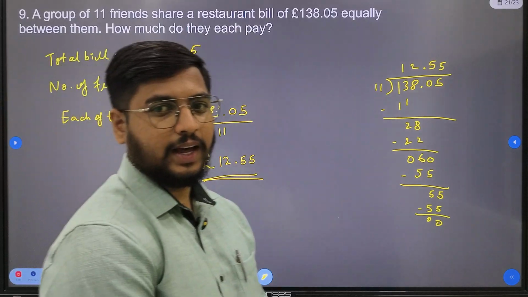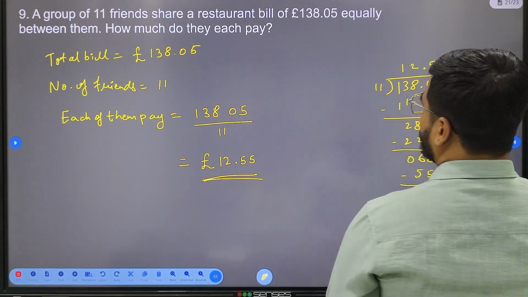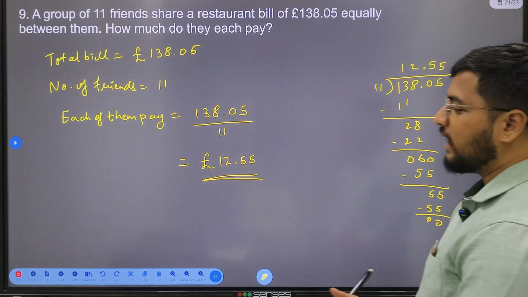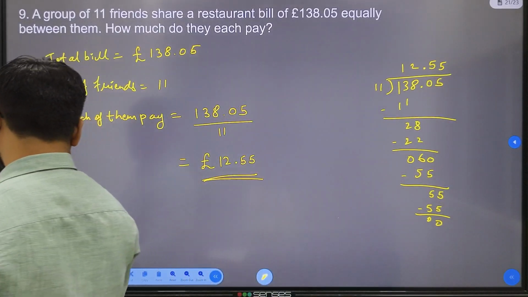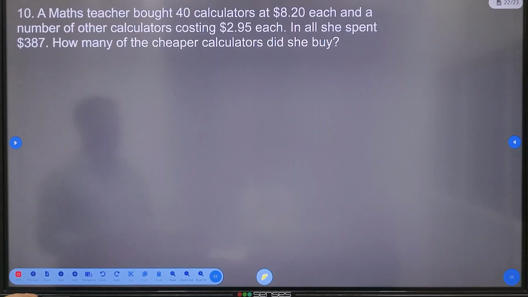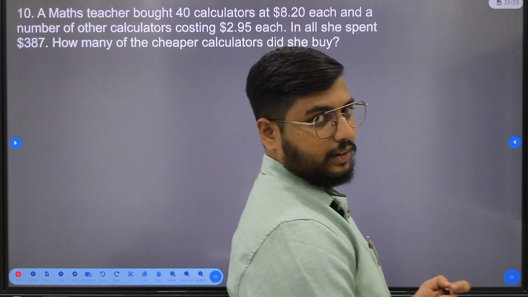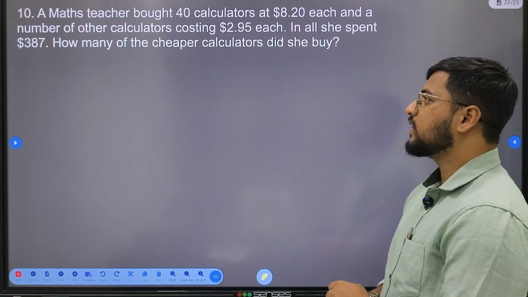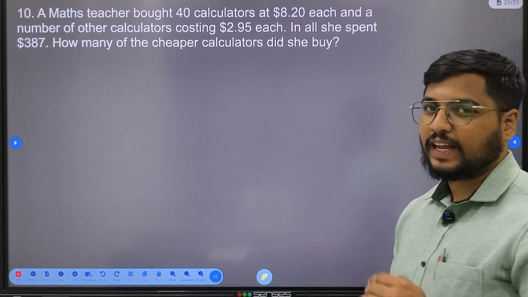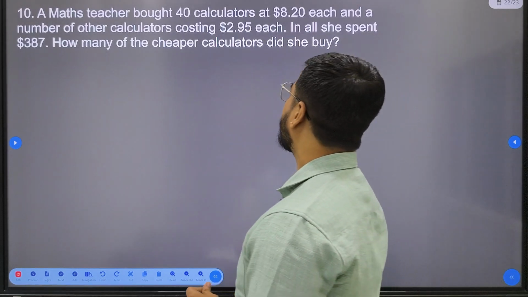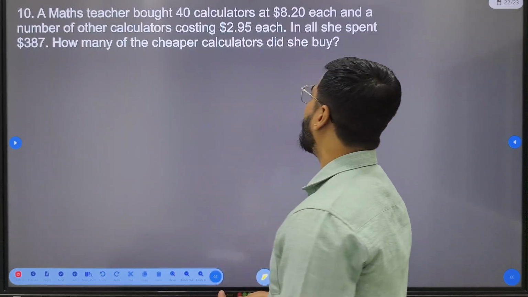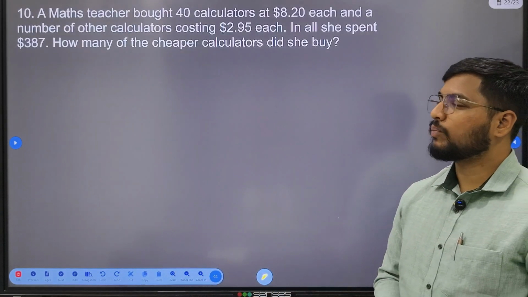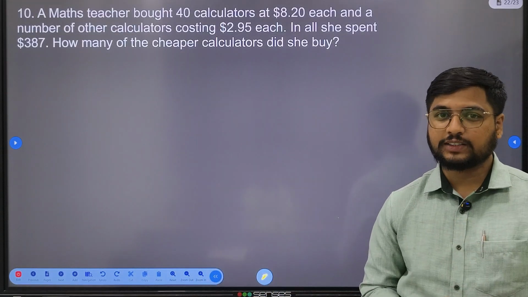Hope you have got the right answer. So let's move on to the last question of this exercise. Question number 10. A maths teacher bought 40 calculators at $8.20 each. So the maths teacher has got 40 calculators.